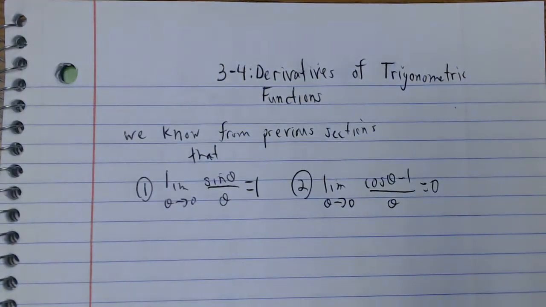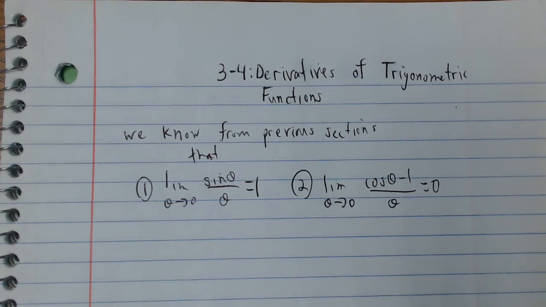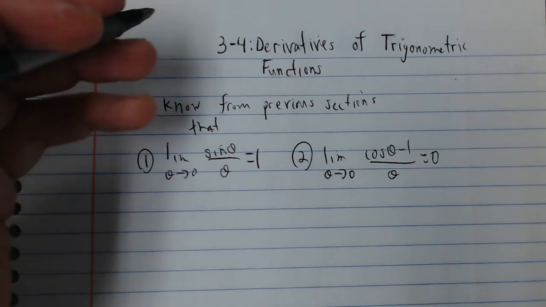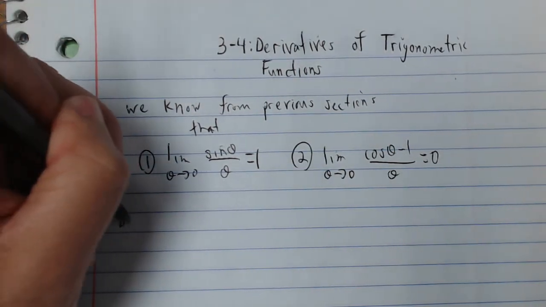If we encounter these limits, which we will, not only in this section but potentially in sections to come, just remember that this is a recurring theme, and we'll come back to this over and over.